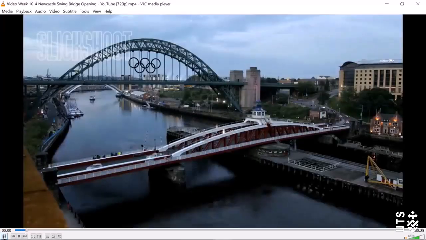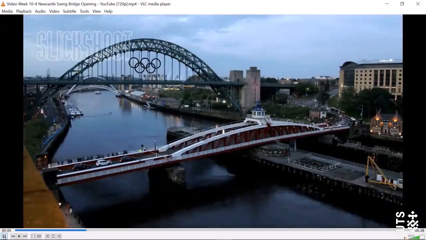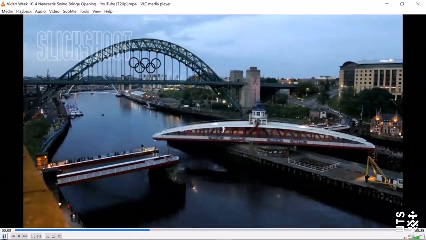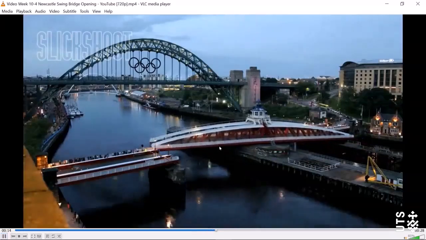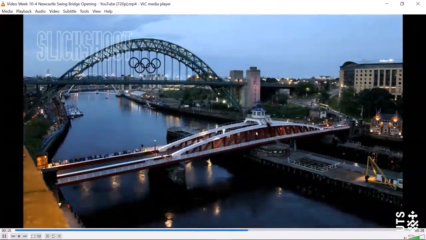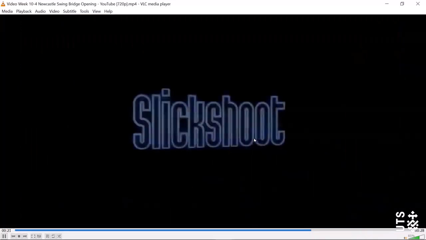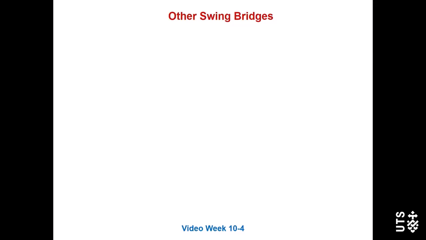Here, there is a video to show a swing bridge in Newcastle. And here, more mass is near this rotation axis. Some other swing bridges.